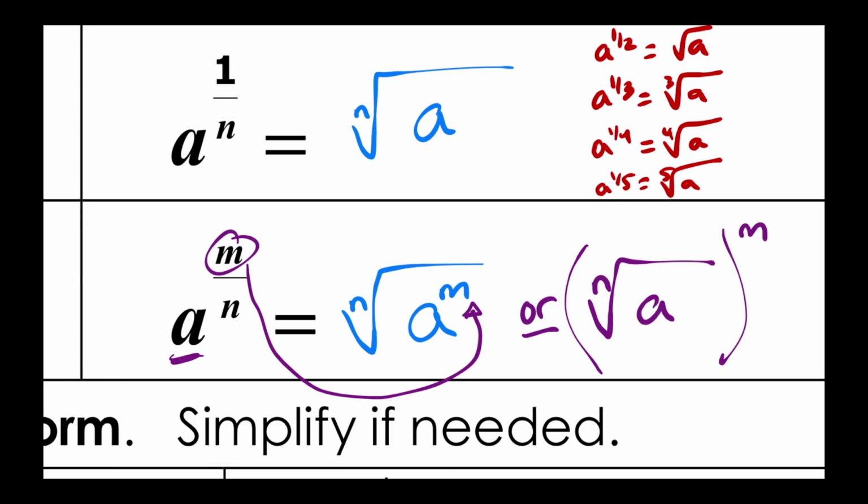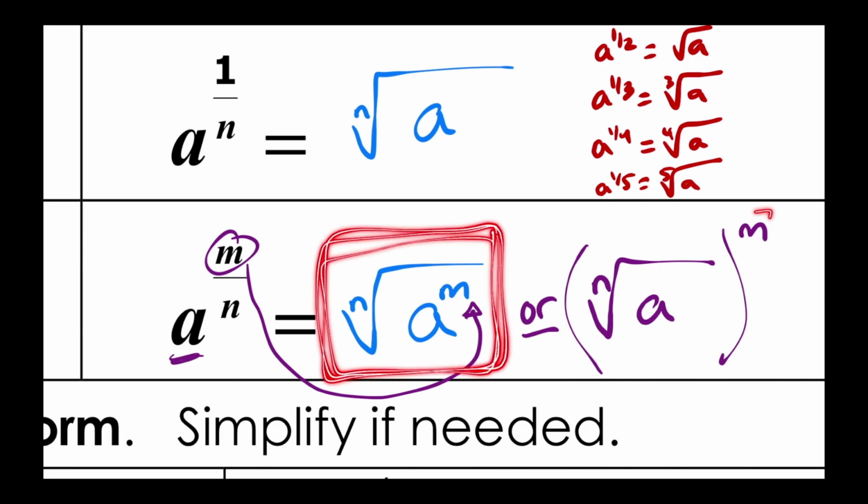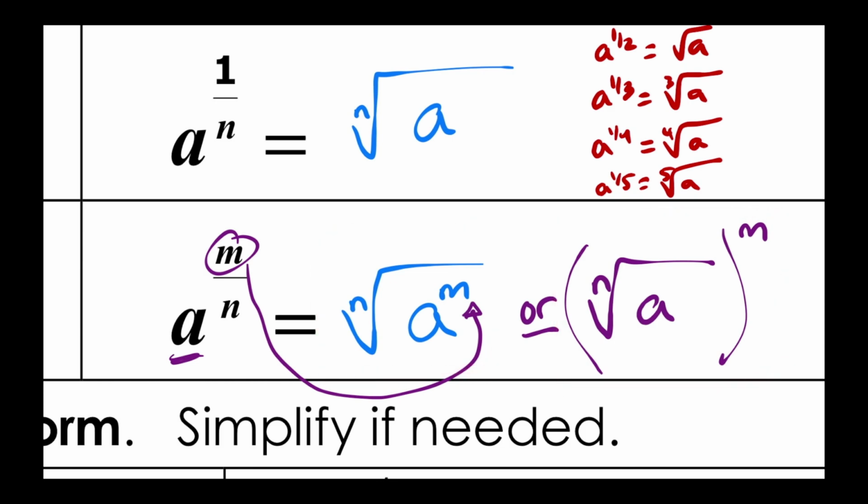But sometimes it might make it easier to just put the nth root here, and then the a inside, and then this m we can do last. It can be last. It can be put over everything. Usually this is what we do. This is the most common way, but this is possible too. You'll get the same answer.